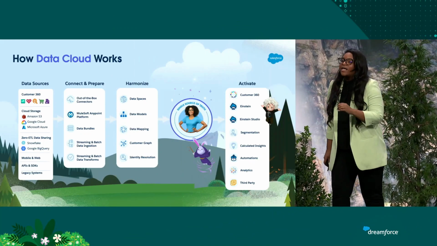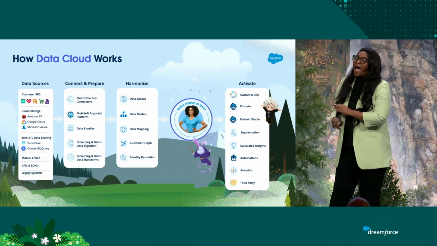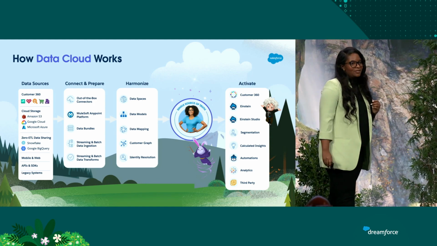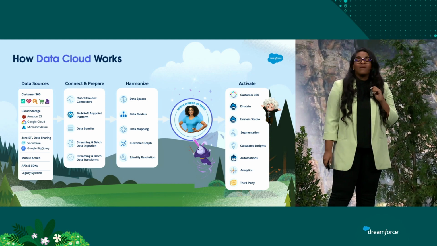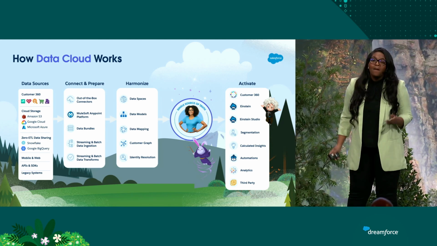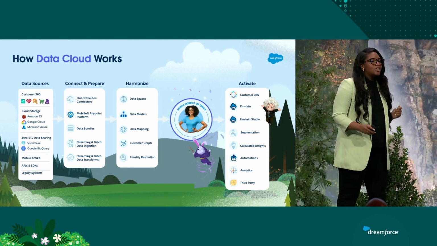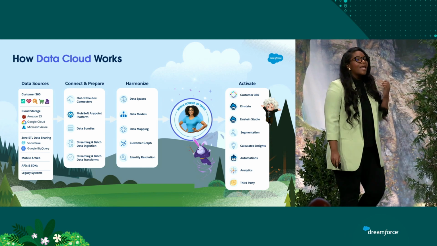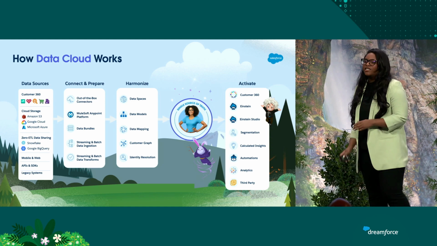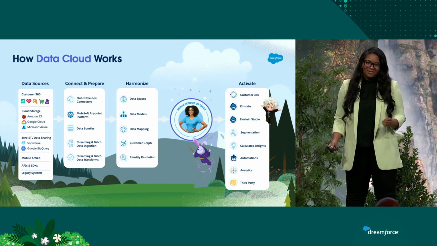Data Cloud allows you to ingest your data at scale from multiple source systems using our out-of-the-box connectors. You can ingest data from Marketing Cloud, Salesforce, and even Commerce Cloud. MuleSoft developers, you can ingest data using our bulk and streaming APIs. You can even use the ingestion API to create your own connector.